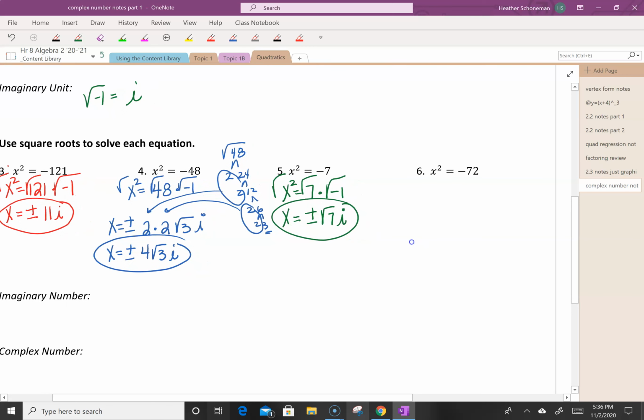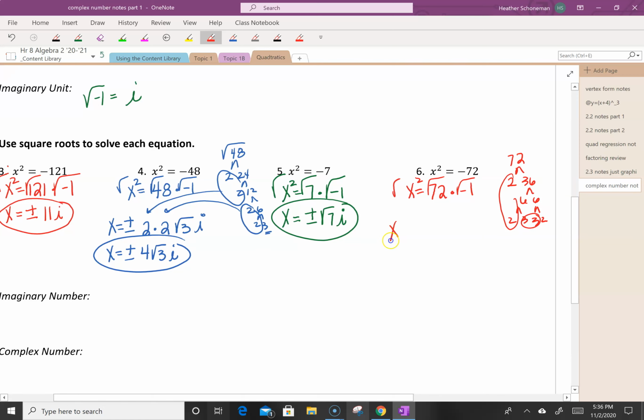That's it. Okay, on the last one, I'm going to rewrite this as 72 times negative 1. So I'm going to take the square root of everything. So on 72, if I break this down, I would have 2 and 36, 6 and 6, 2 and 3, 3 and 2.